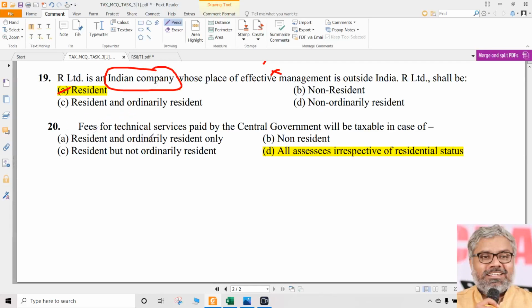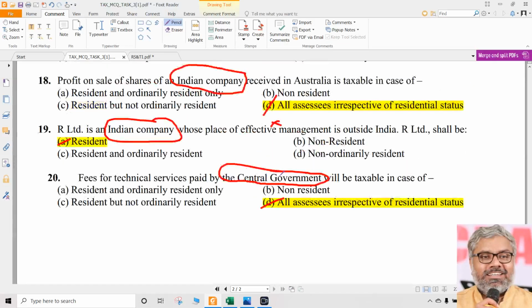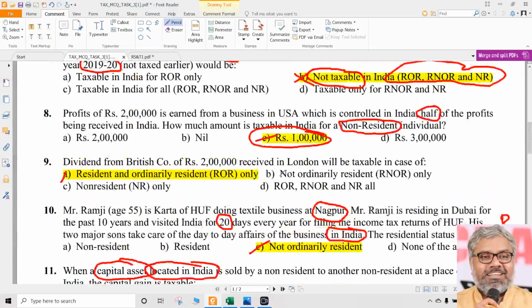Then question number 20, fees for technical services paid by central government will be taxable. Once again, anything that is paid by central government, which is fees for technical services, interest or royalty payable by central government, always taxable. Irrespective of residential status, it is always taxable since it is deemed to accrue or arise in India. So these are all related to the provisions that we know only.